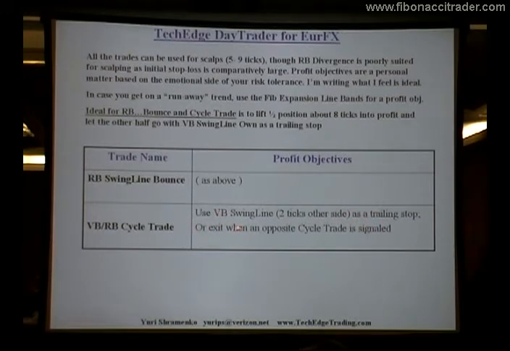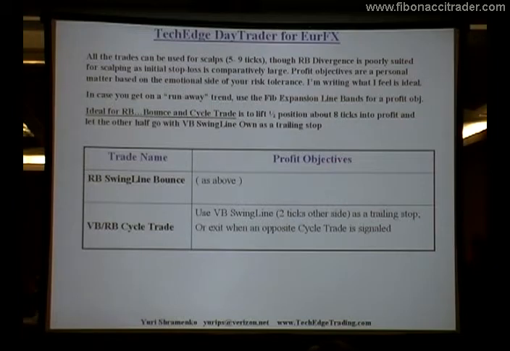The other thing that I do here is obviously if you get a trade in the opposite direction, you have to exit. That's just common sense, right? But this really doesn't explain it perfectly, because what I forgot to mention here is I don't do this in the first couple of minutes of a trade. Let's say I enter a trade right at a swing line on a pullback, okay?